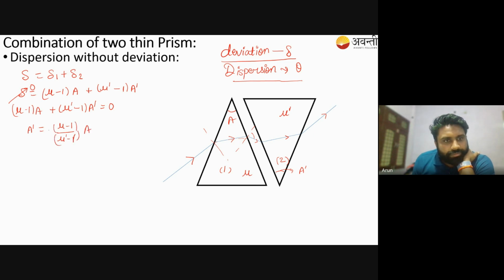and it will come with a negative sign. Here this negative sign appears because of the inverted prism.